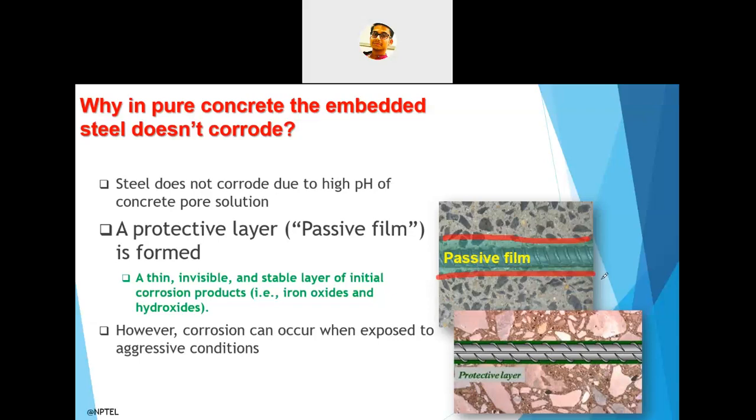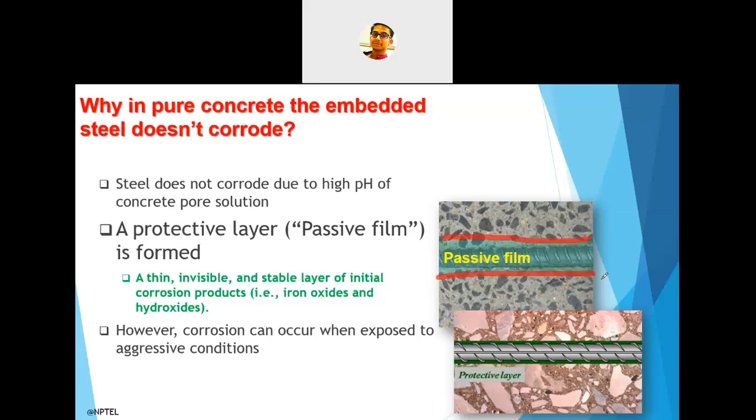Due to this heat, there may be some expansion of the concrete in the plastic stage, and there may be an expansion in the steel as well. When the heat goes, it will again try to contract to its original shape. If the rate of this expansion and contraction is not the same, then there may be formation of cracks, or immature cracks, on the concrete surface.